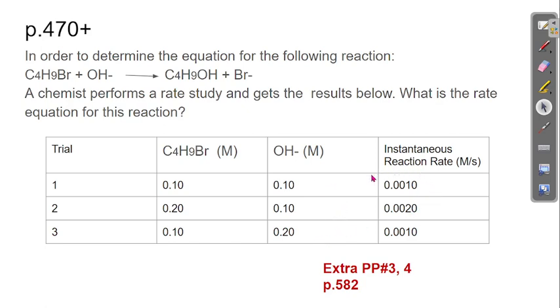What happened between the rates? Trial 1 and trial 3. Nothing changed. We learned that if the rate did not change when you change the concentration, the exponent was 0. So far so good? So let me write this down.